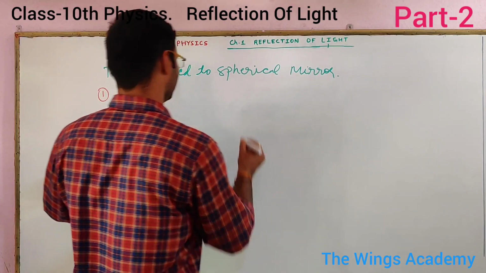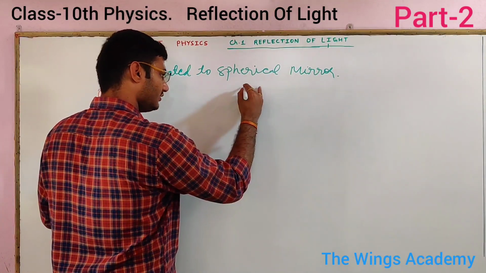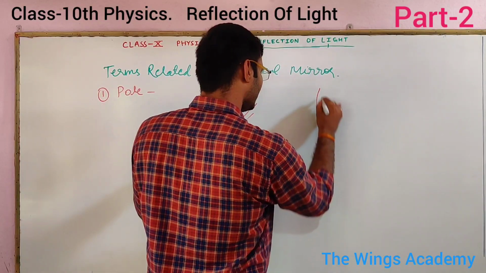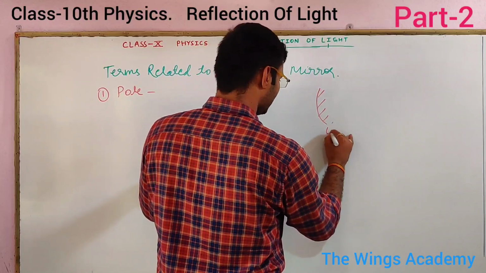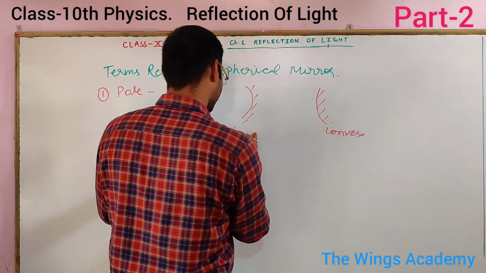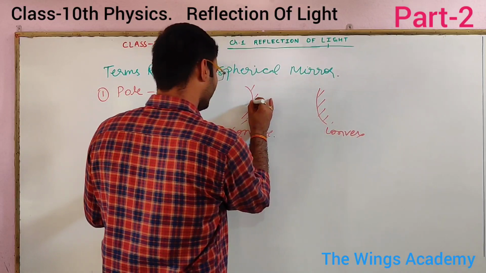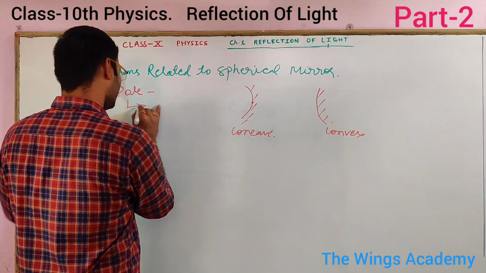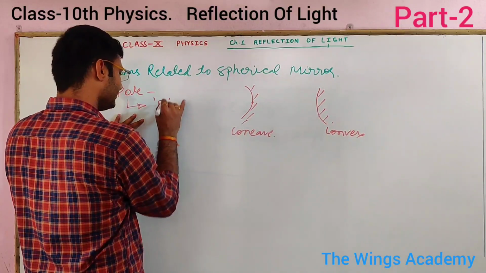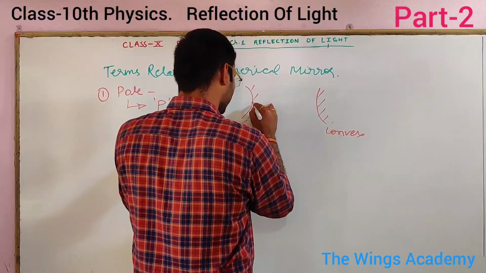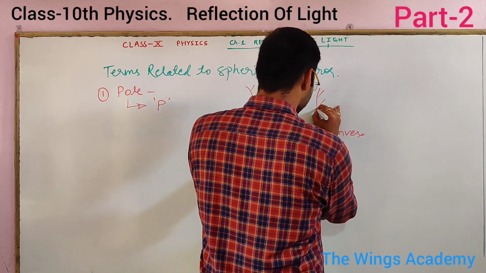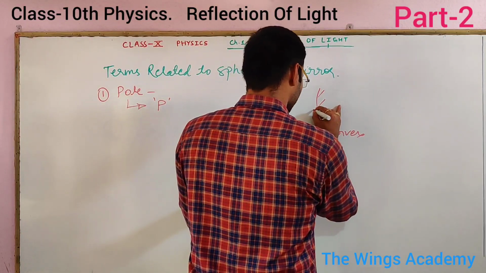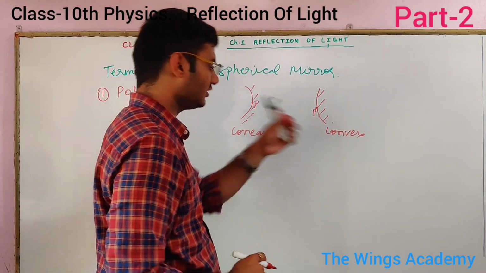So if this is a concave mirror and this is a convex mirror, the pole is denoted by capital P. This is our pole, the central point of the mirror. So this is point P, or pole, for the convex mirror.